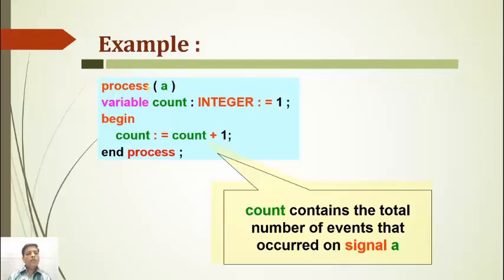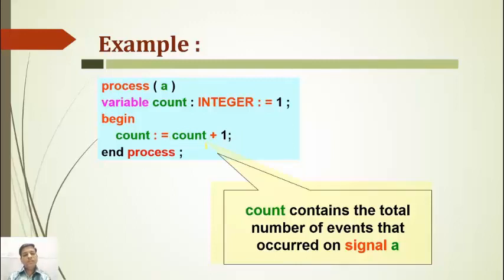Here one process we have declared, process A, then variable count colon integer colon equal to 1. Here one variable we have declared in process, then begin count colon equal to count plus 1 semicolon end process.